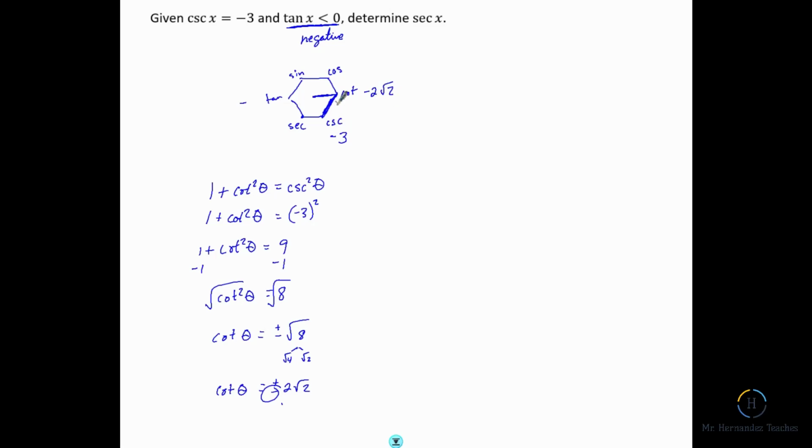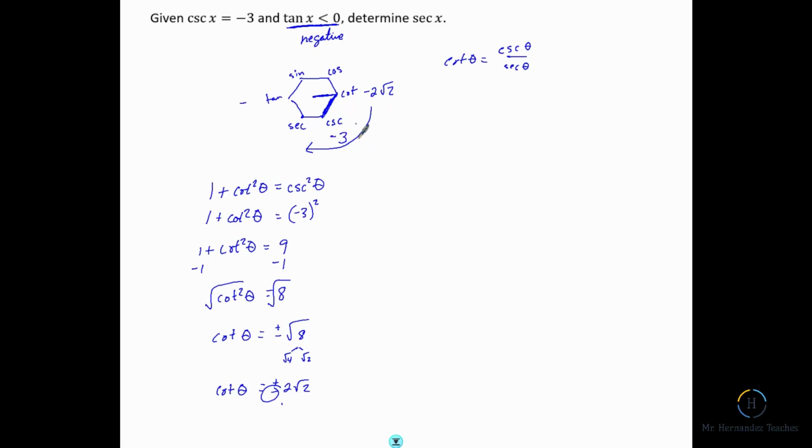Now I can find tangent over here. Actually, maybe there's a better way to do this if I just use that quotient identity. I know that cotangent of theta is equal to cosecant over secant theta. Cotangent is equal to the quotient of the next two.